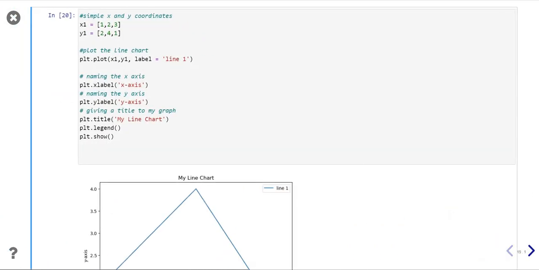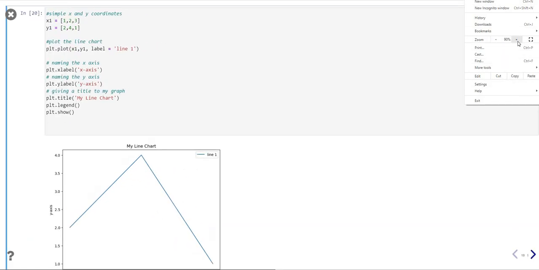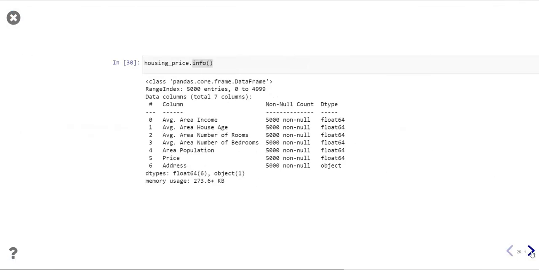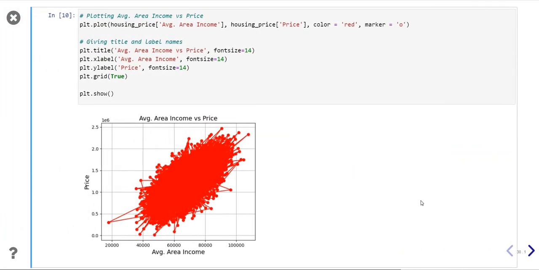Because this line chart is a simple one that we have done. Is the line chart useful here, in terms of showing a relationship between the average area income and the price?